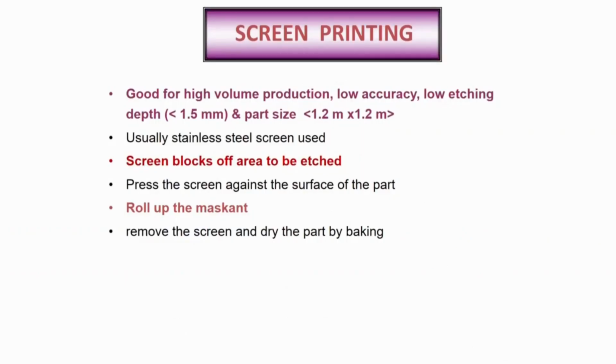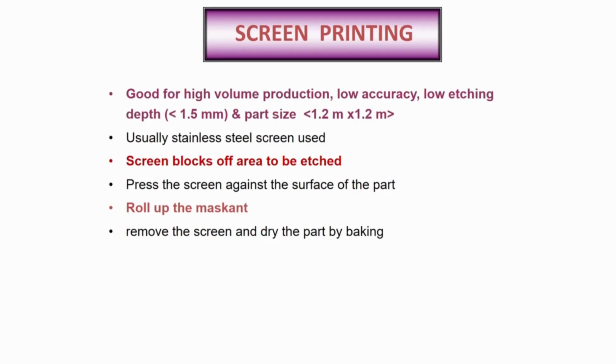Where some blank portions are there on that screen, the maskant is filled up, and then it is baked, and in the rest of the portion where the maskant is not there, machining will be carried out. So it is good for high volume production. It gives low accuracy, low etching depth, less than 1.5 millimeter, and the part size is generally less than 1.2 meter. So within this range, the workpiece size is there.